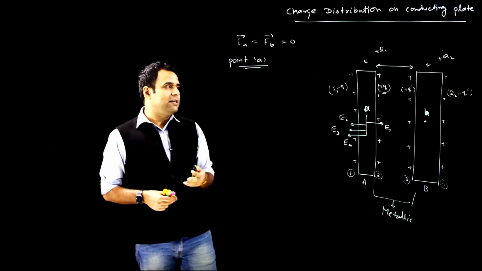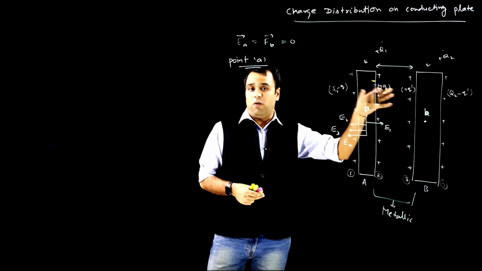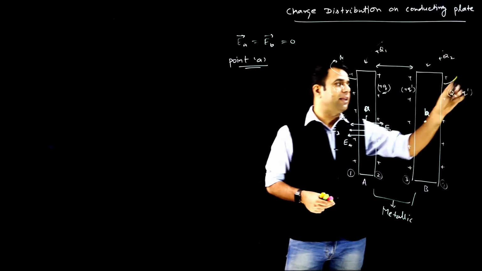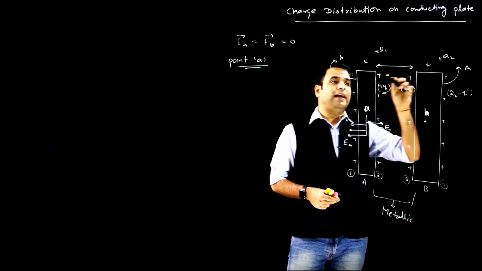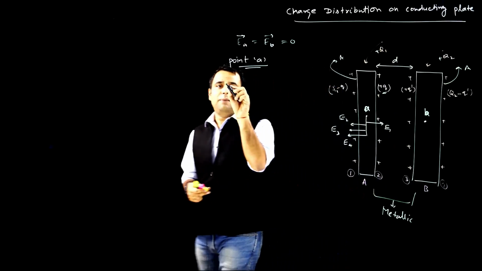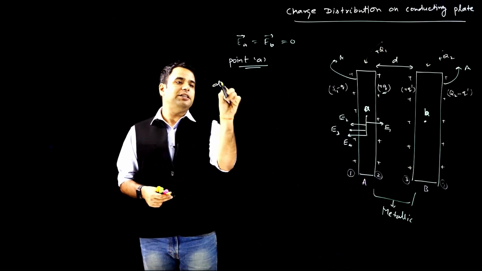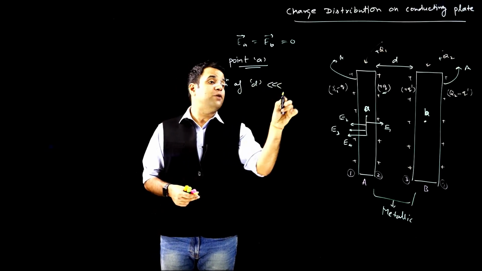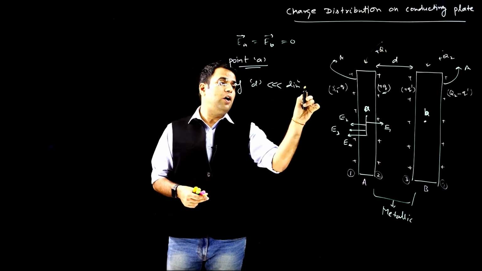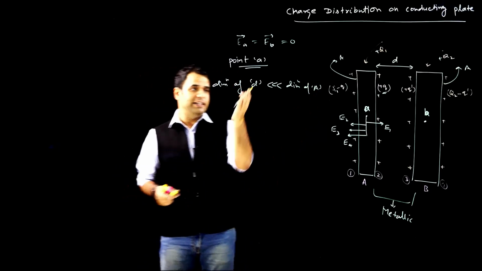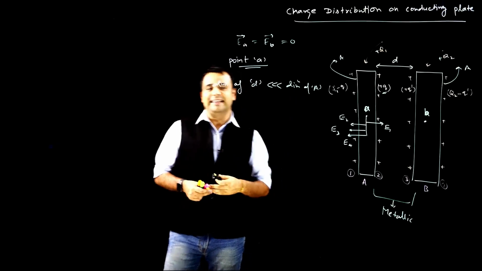If capital A is the cross-section area, the same for both plates, and D is the distance, then I'm assuming that the dimension of D is very, very small compared to the dimension of A. We cannot compare the distance with area; I'm talking about dimensions. So if this is millimeter, this should be meters, like that.